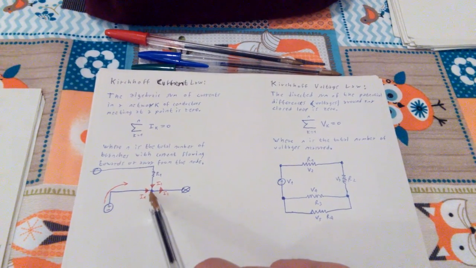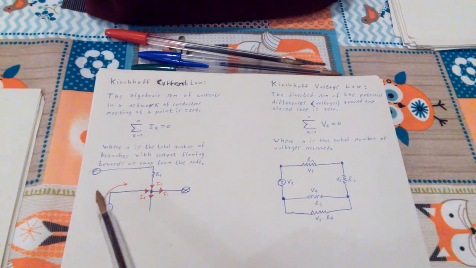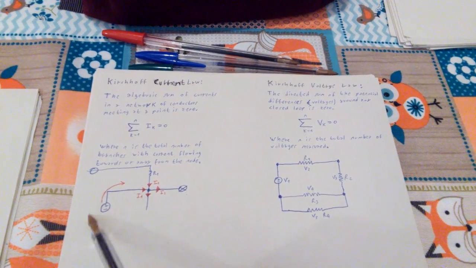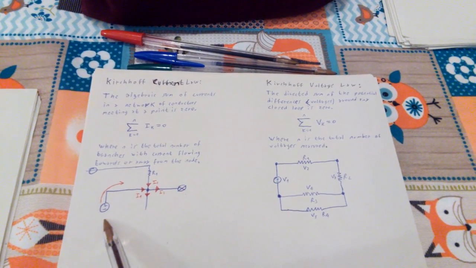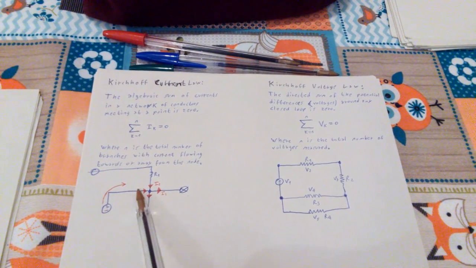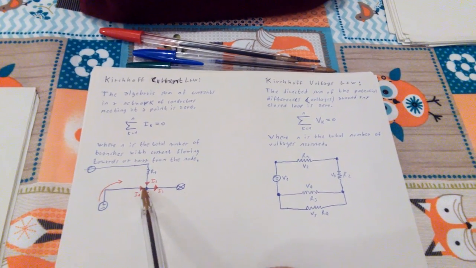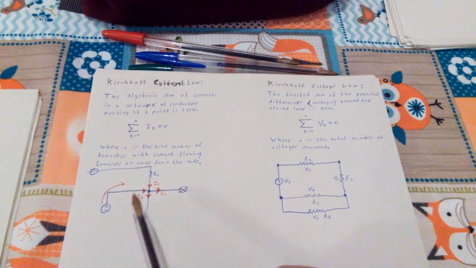So let's suppose we do it here. I have a power supply here and other things, and I'm going to have the current entering this node, which is going to be I1.